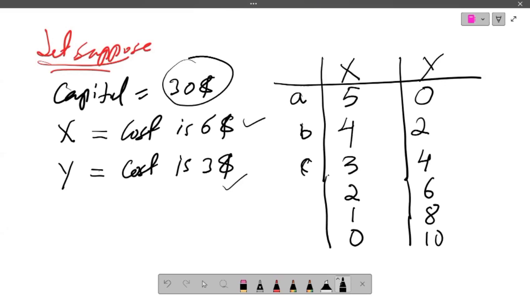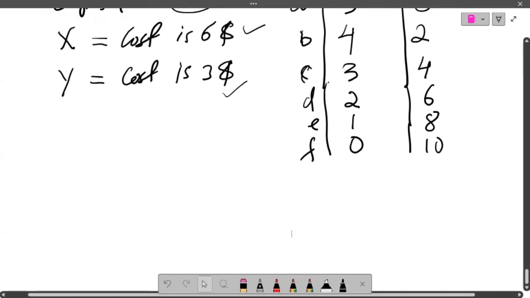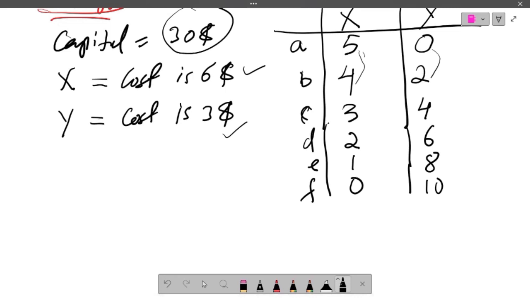These points show efficient allocation of resources, and there is an equal opportunity cost here. If we sacrifice 1 unit of X, we gain 2 units of Y. So there is a constant opportunity cost.